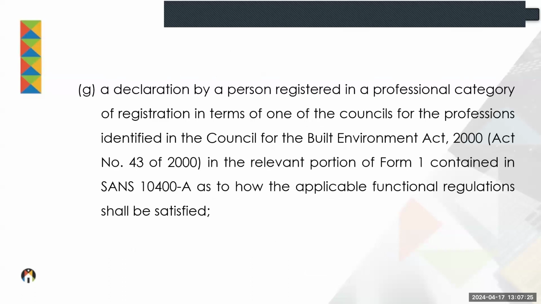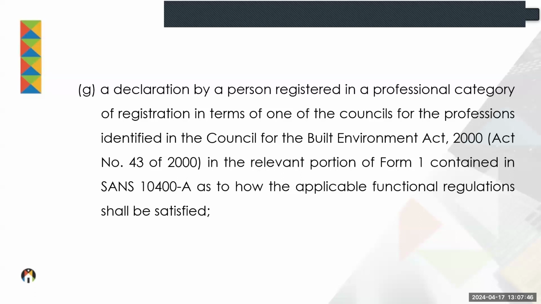But apart from that, what forms part of your application to a local authority is also the declaration that the designer makes in terms of Form 1 on how he or she is going to comply with the applicable building regulations. So without that, a building plan submission is not complete.